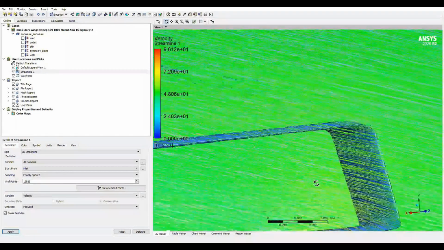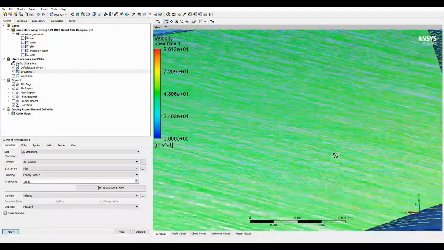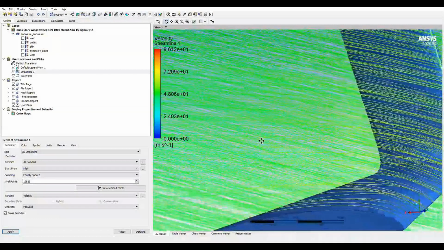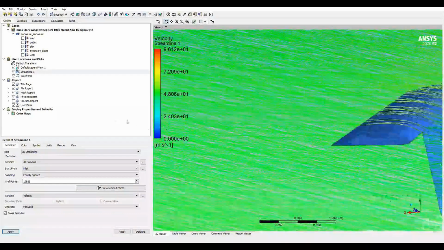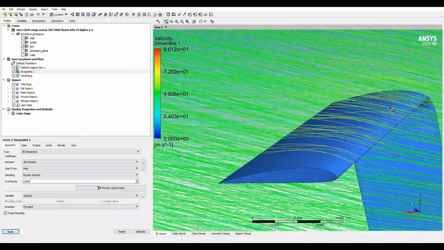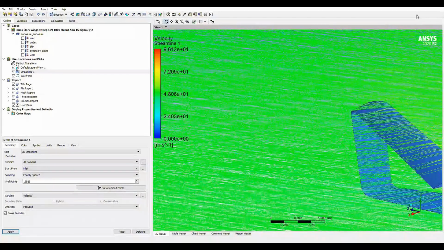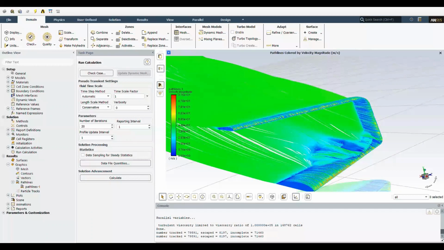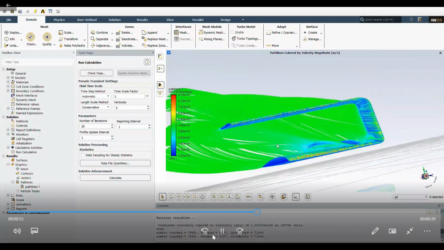This is the output of the simulation. We can see how the wind is behaving differently in different parts of the wing. So this is actually the real outcome.